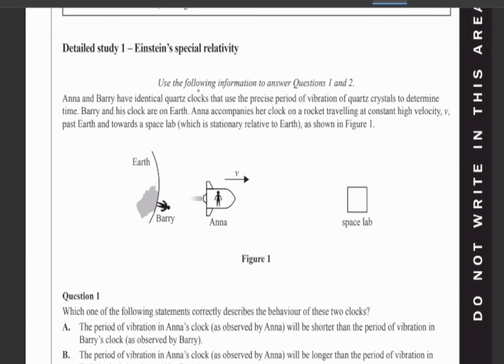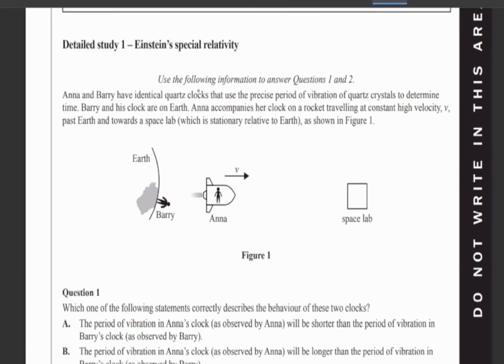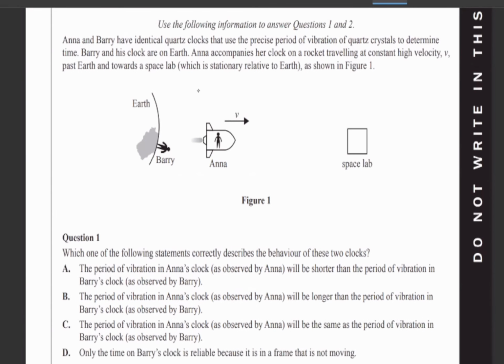Special relativity. Barry and his clock are on Earth, and Anna accompanies her clock on a rocket traveling at a high constant velocity past Earth towards the space lab, which is stationary.